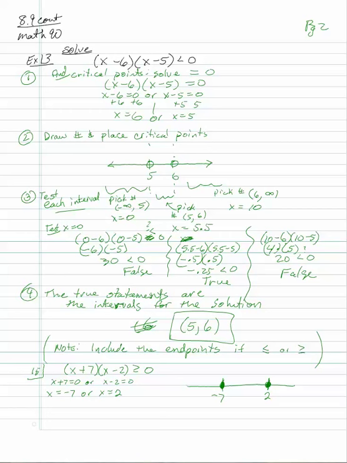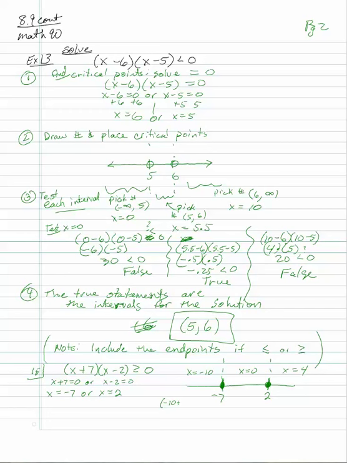Now I'm going to pick a test point in each interval. So I'm going to pick x equals negative 10, x equals 0, and maybe x equals 4. Now I'm going to plug these into the problem. So let's see.